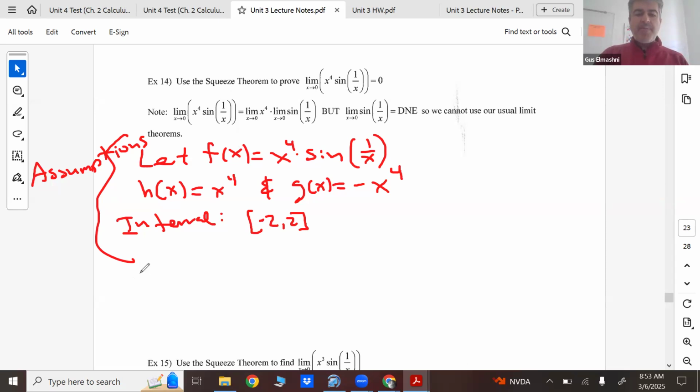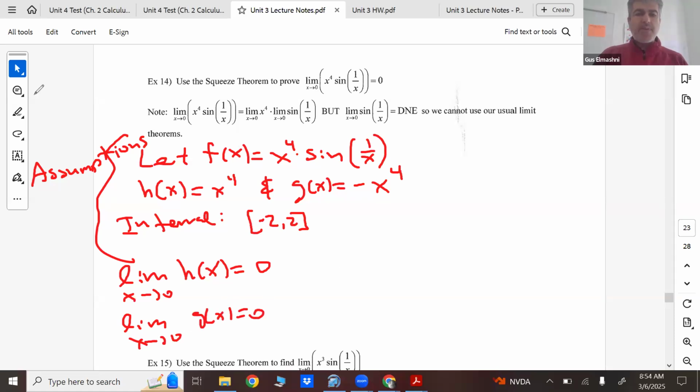So now you do the limit as x approaches 0 of h of x. What's that going to be? 0. What's the limit as x approaches 0 of g of x? 0. So then you can make your statement.